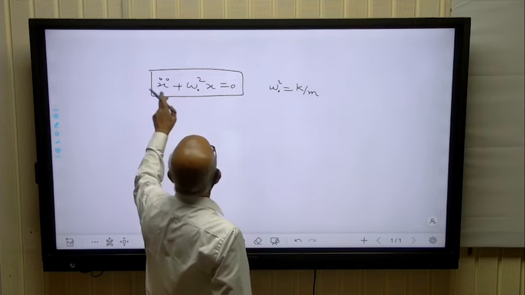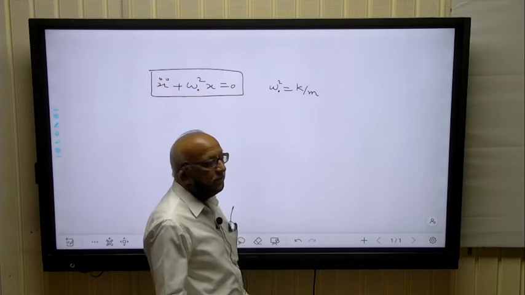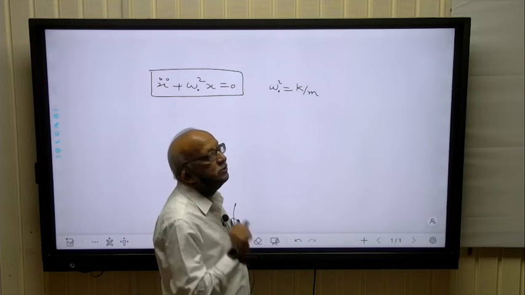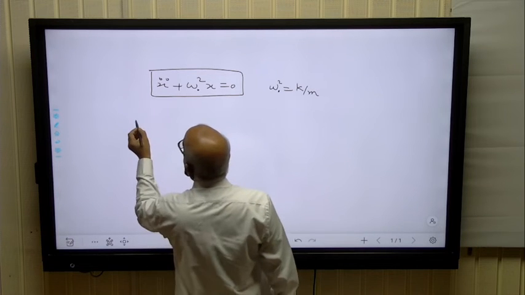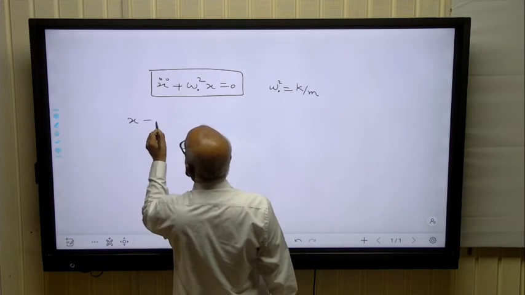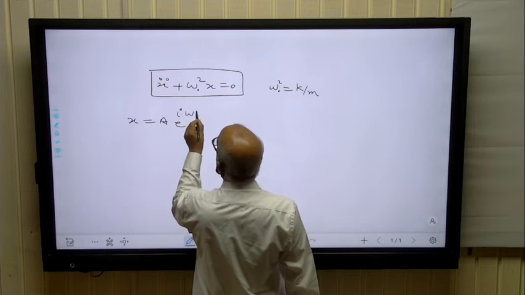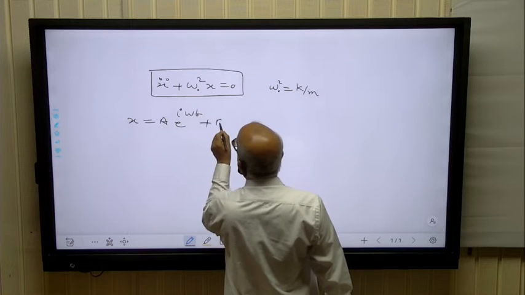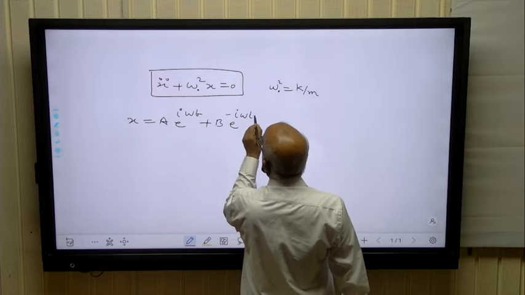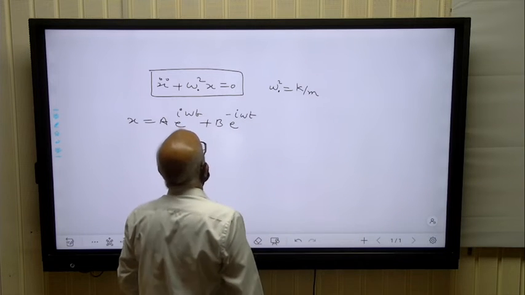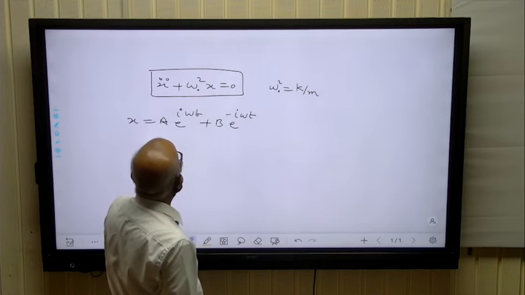Therefore the general solution of this equation will have two constants. So the general solution we write: x is equal to a e raised to power iota omega t plus b e raised to power minus iota omega t. This is the solution.